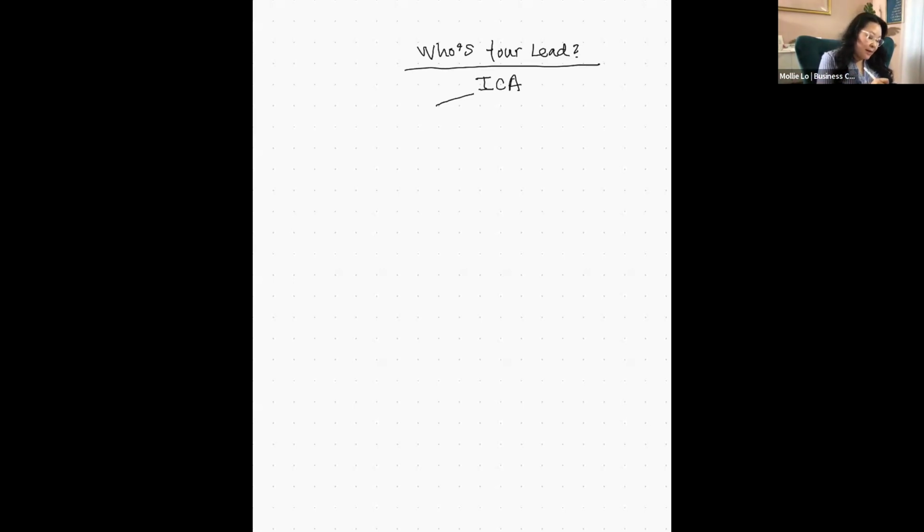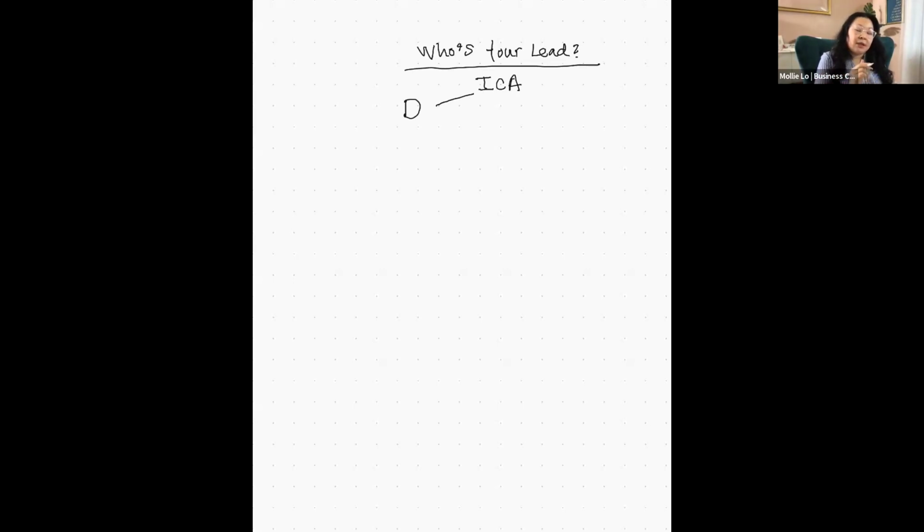So we are going to write D here for demographics. And this is you understanding who your ideal person is. So, are you somebody who works with moms? Maybe you're somebody who works with solopreneurs. Understanding demographics of your ideal client is going to come into play for your LinkedIn lead generation strategy.